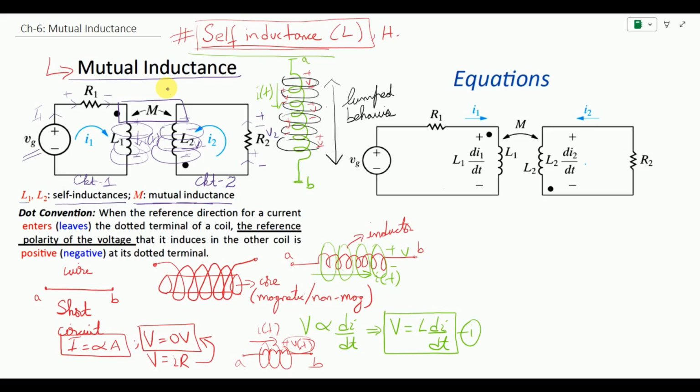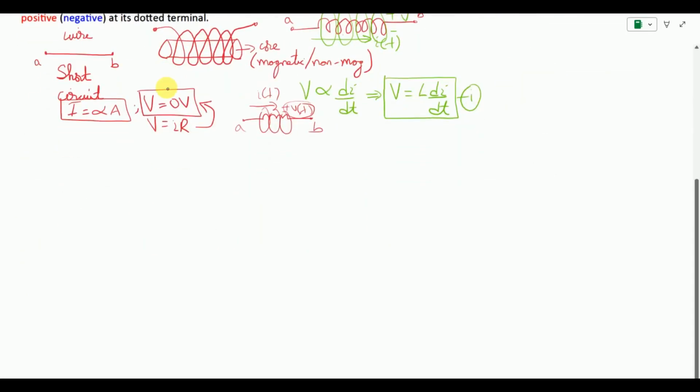Now let us further see what we can understand in terms of mutual inductances. Whenever we are given such circuits, we need to follow certain steps and then analyze our circuits based on them. So what are the steps associated with this? Let us say we follow these steps when we want to electrically analyze this circuit.